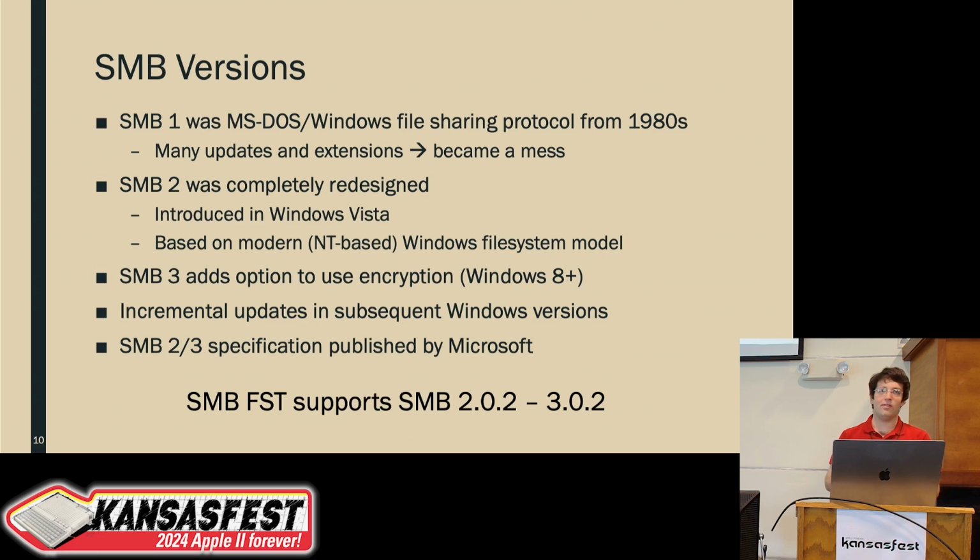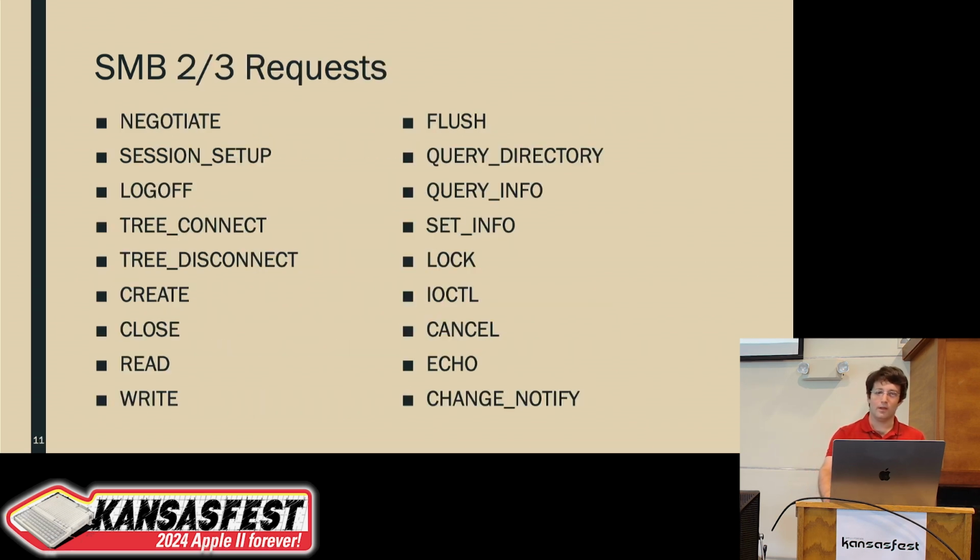So there's a specification you can work off of to implement it, and that's what I've done. The SMB FST supports SMB 2 and 3, not SMB 1, so only the more modern variants, specifically SMB 2.0.2 through 3.0.2. Those will interoperate with pretty modern versions of Windows or pretty much any other modern system that supports SMB.